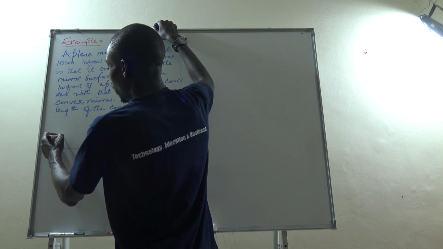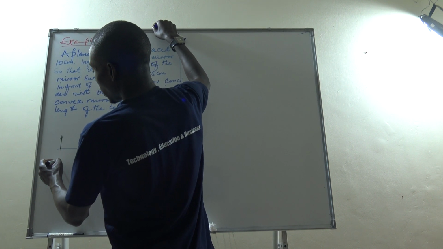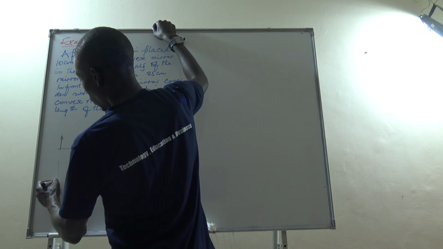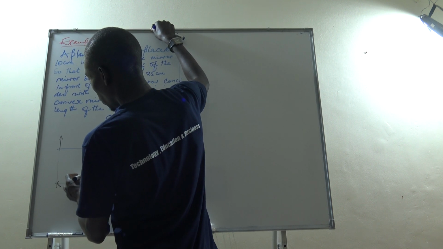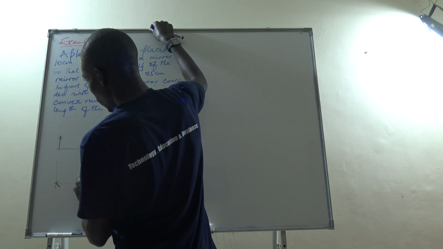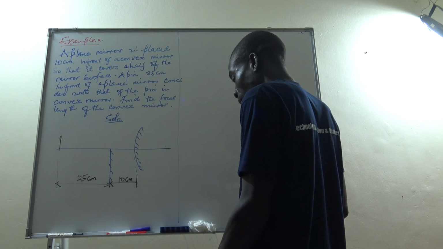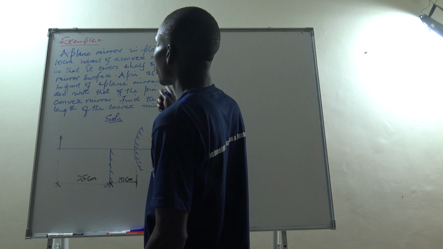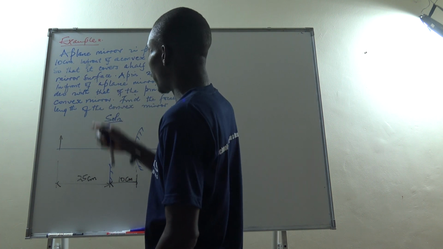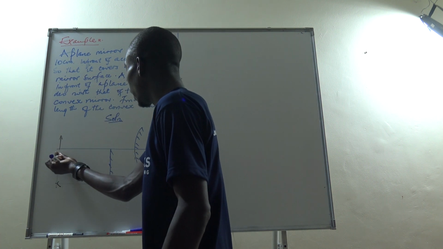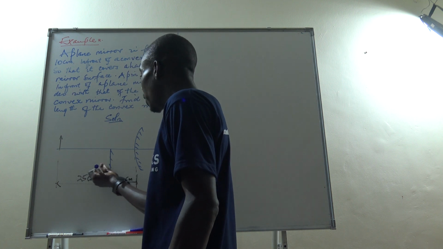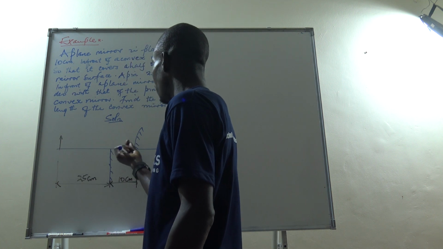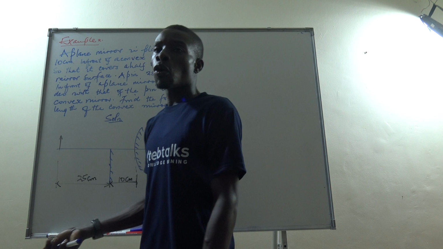Maybe we have our pin here at a distance of 25 centimeters in front of the plane mirror, and it coincides with that of the pin in the convex mirror. That when we put a pin here, as you're seeing in this plane mirror and as you're seeing in this convex mirror, the two images coincide.